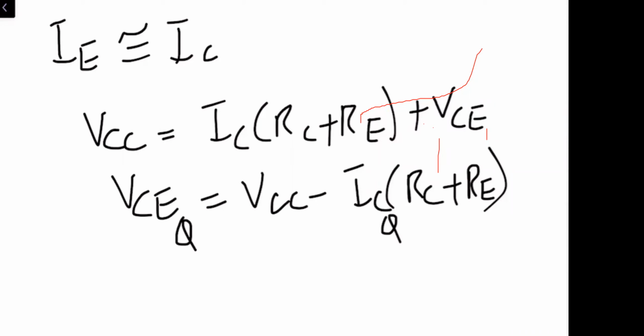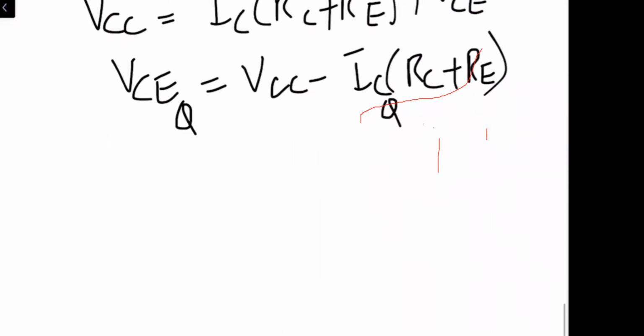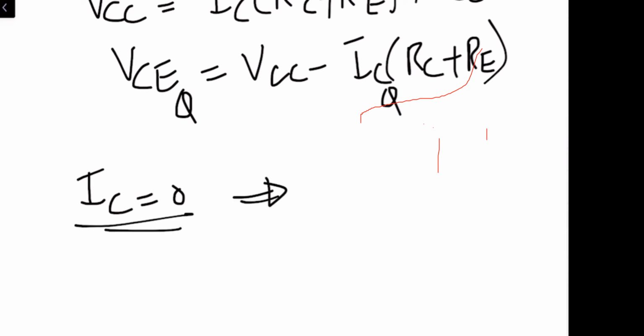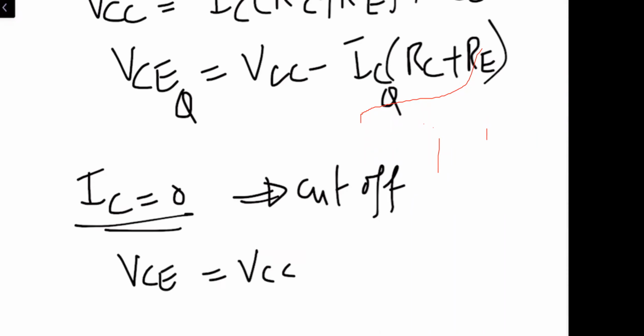So if I put IC equal to 0 in the equation, that indicates we are at the cutoff point. This means VCE will be equal to VCC, and this VCE will be called VCE cutoff, right?